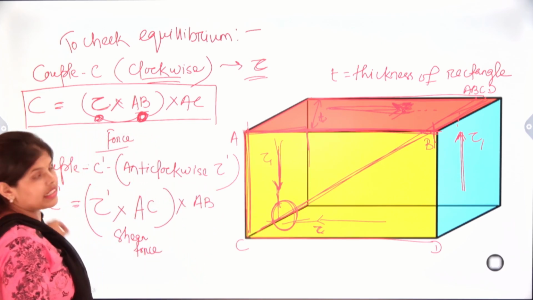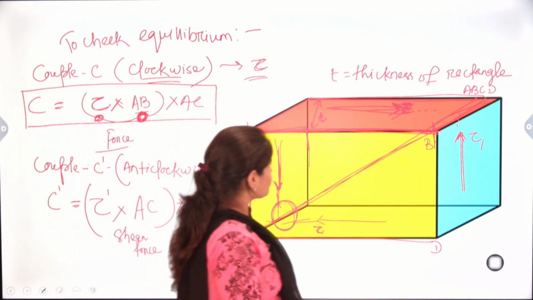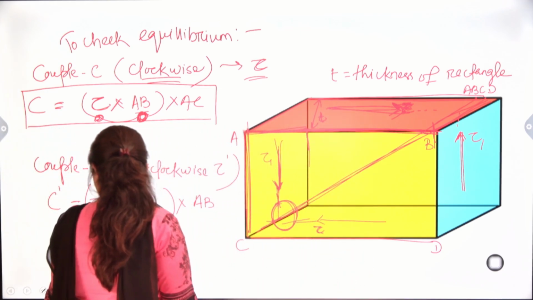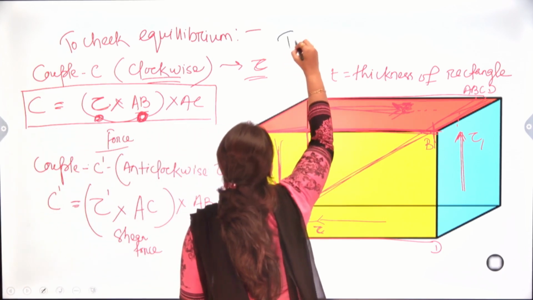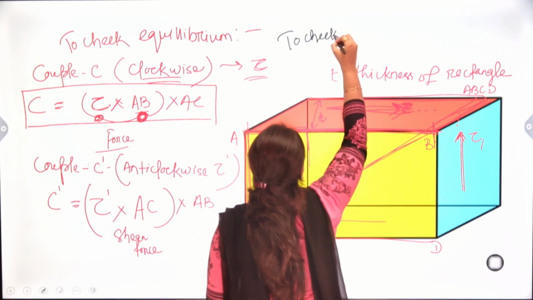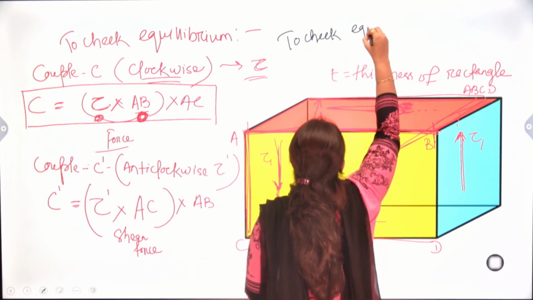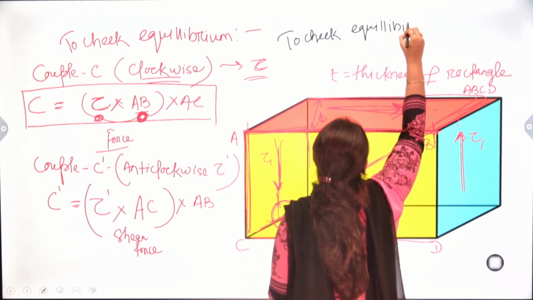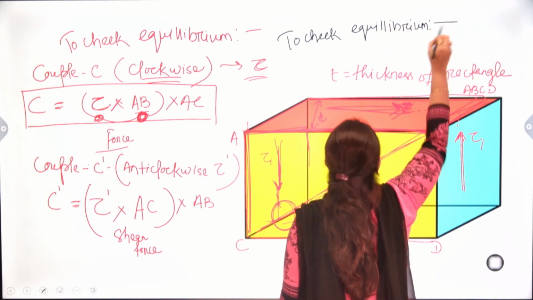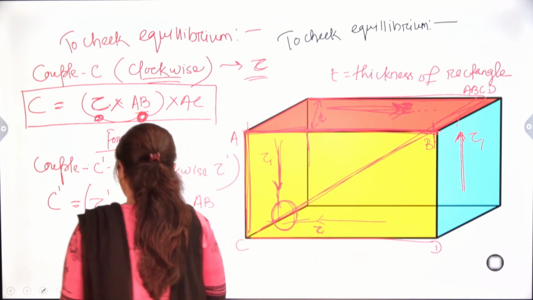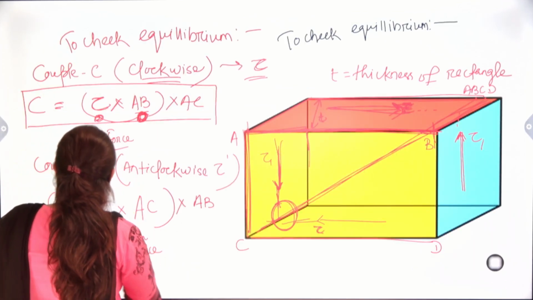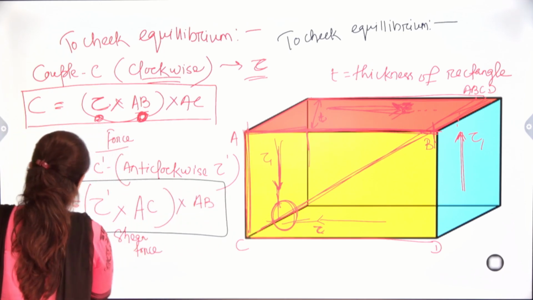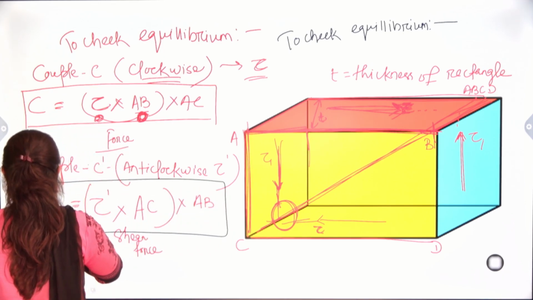Now we have C and C dash, right? To check whether they follow the equilibrium condition or not, we can just write these two things and erase the other parts.